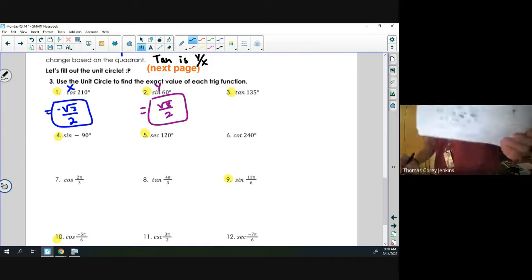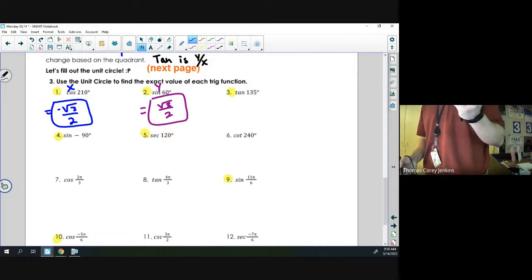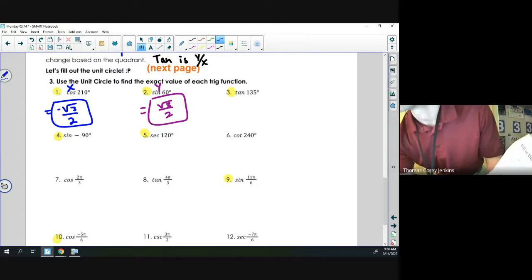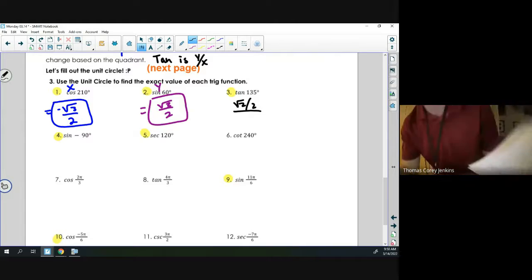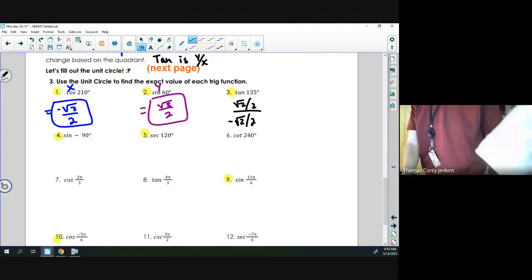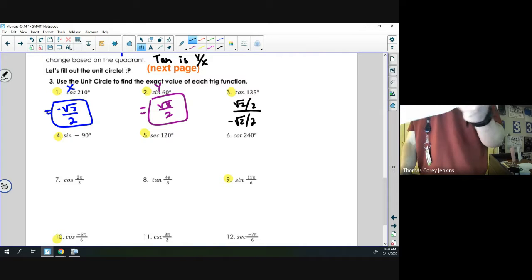All right, what your value should have been is the square root of 2 over 2 as your numerator, and then your denominator was negative square root of 2 over 2. Everybody agree with those values? Now, what about cleaning that up?